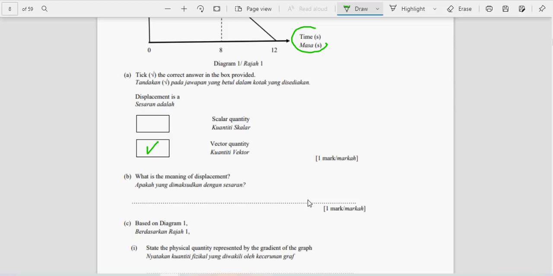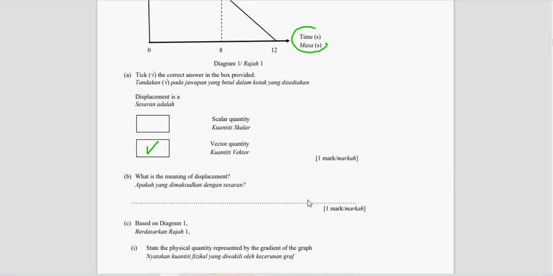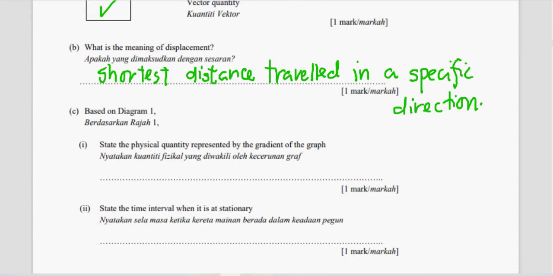Now, what is the meaning of displacement? Displacement is the shortest distance travelled in a specific direction. Because displacement is a vector quantity, you must mention the direction. So I can write my answer as shortest distance travelled in a specific direction.